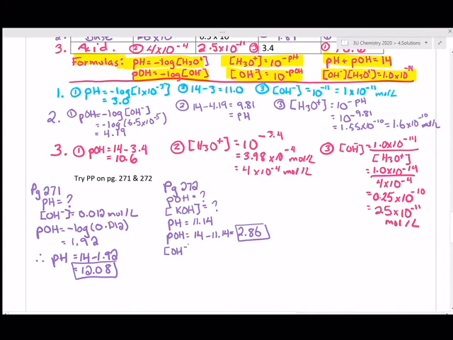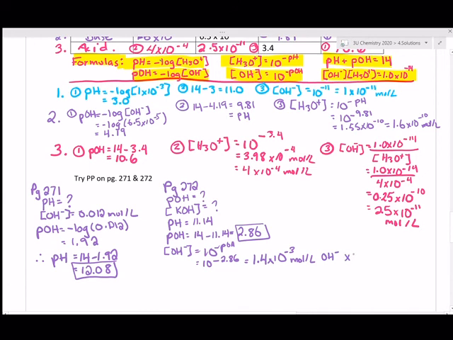So hydroxide ion concentration is going to be 10 to the negative pOH, 10 to the negative 2.86, which equals 1.4 times 10 to the negative 3 moles per liter. And that is hydroxide ion concentration.